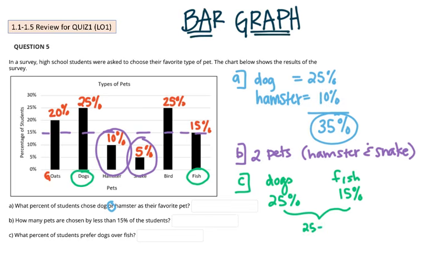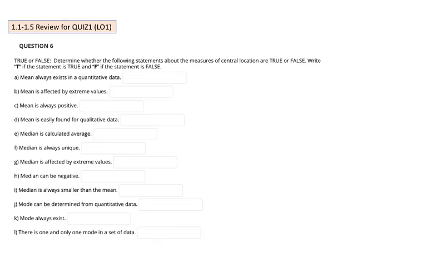So 25 minus 15, there's 10% more that prefer dogs. If you were thinking of it as people out of 100, 25 people said dogs, 15 said fish, that's 10 more. So 10 out of 100, 10%. Okay, hopefully interpreting the bar graph is not too hard.